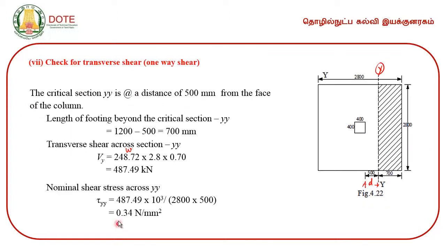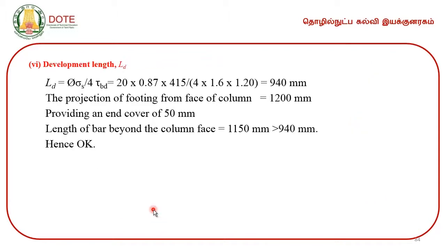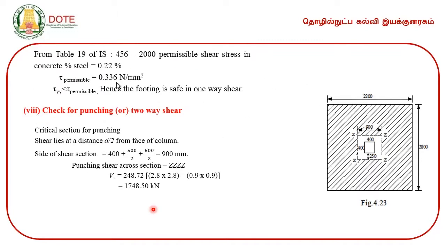The actual shear stress is 0.34 and the permissible shear stress is 0.336 Newton per millimeter square. Hence, the footing is safe in one way shear, since it is almost equal.